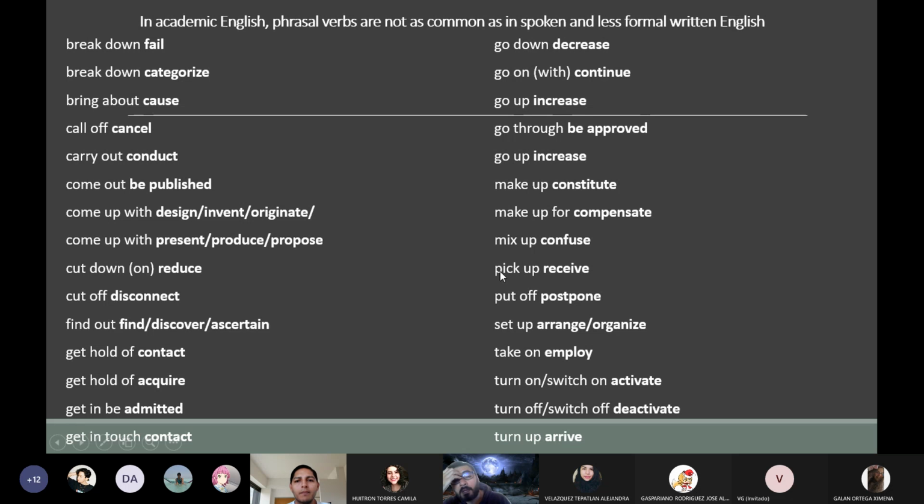Or make up, constitute, or make up for, compensate. Okay, so we usually have both the formal and informal way to express something.